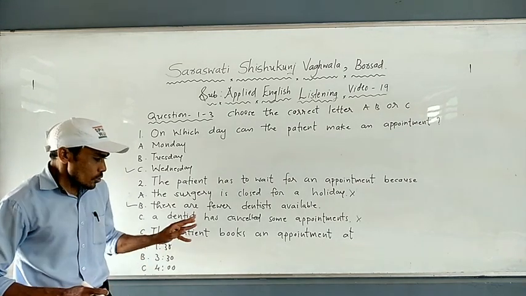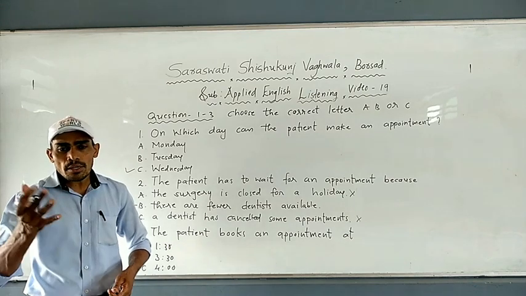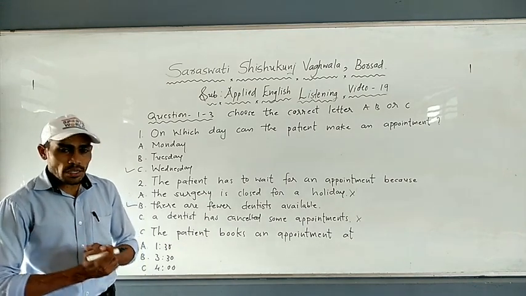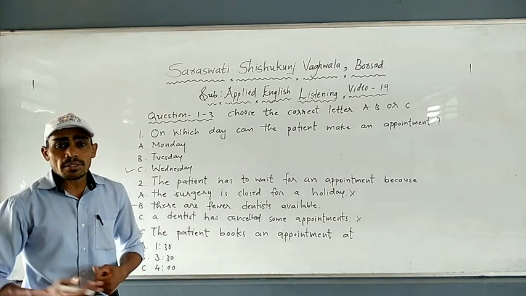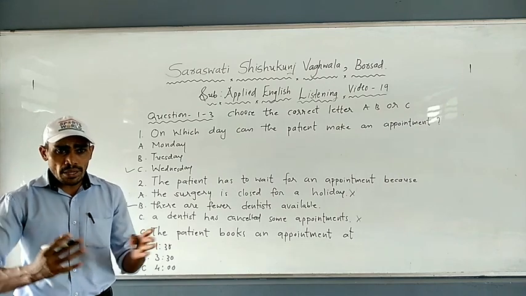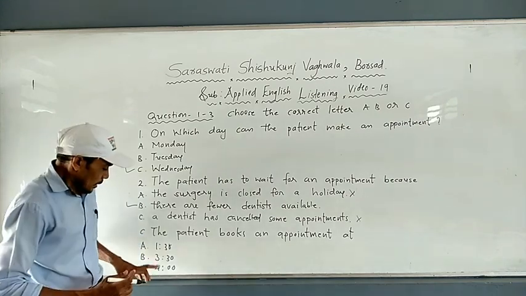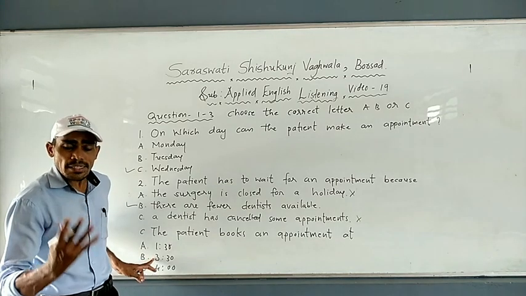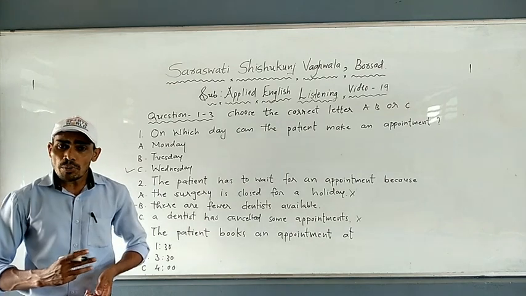The patient books an appointment at. Now there are times given, 1:30, 3:30 or 4:30. When the dentist receptionist asks what is the suitable time, we don't have a particular time because it is full of appointments. Now the dentist receptionist asks the patient, is it possible to make it 3:30?